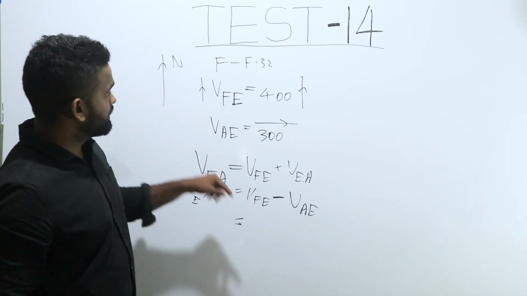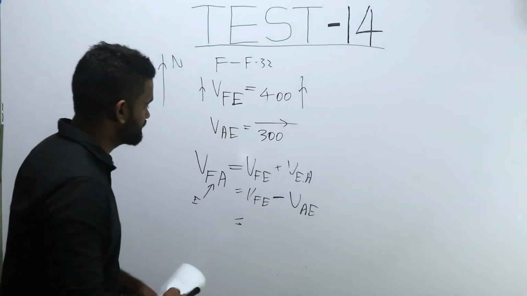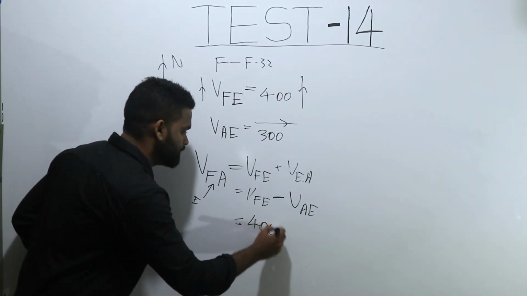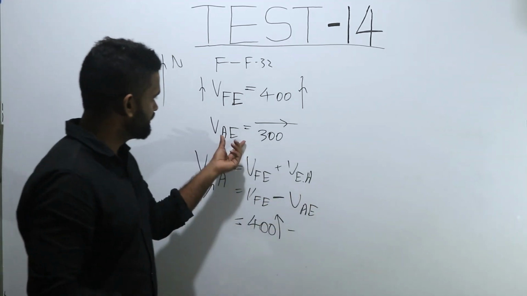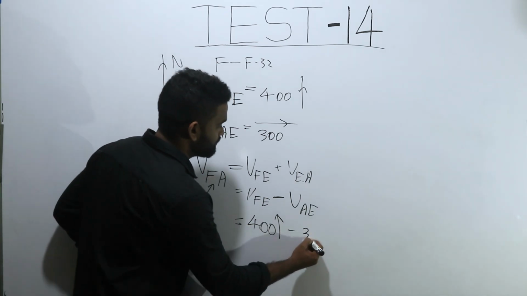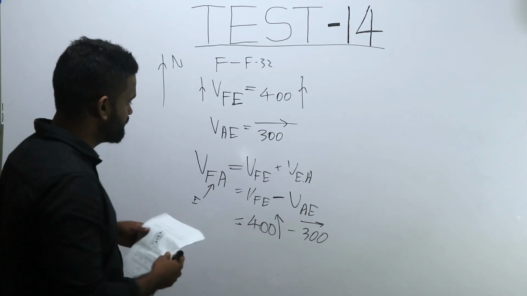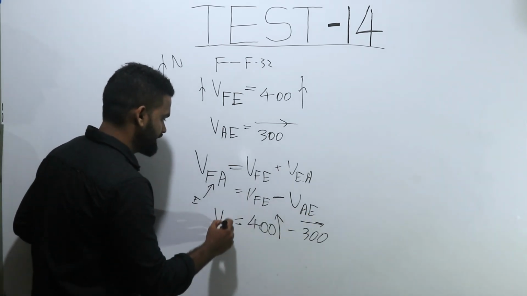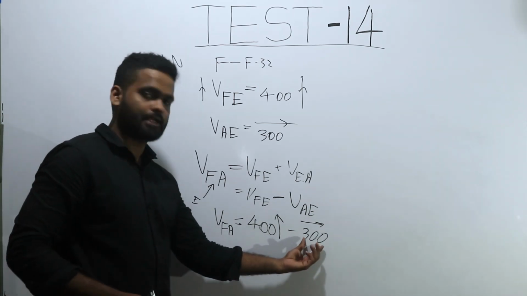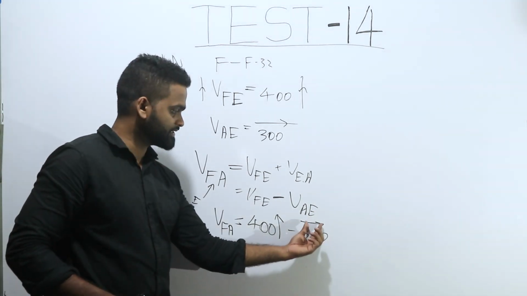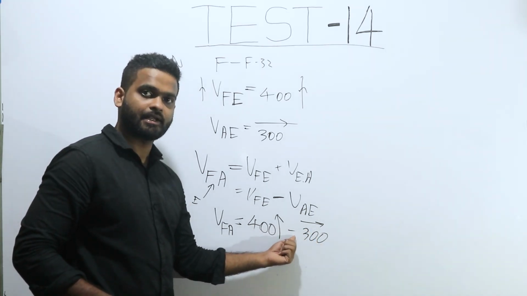So VFE, we know that this is 400 upwards. Just substitute it here with the directions upwards. VAE, substitute 300 with the direction like this. Then these are two vectors, then we just have to simplify that. I can change the direction to the opposite direction and make this negative a positive.